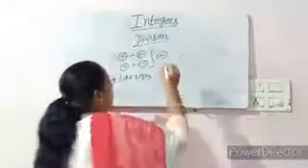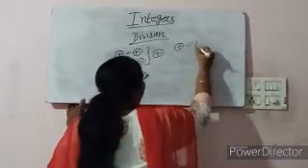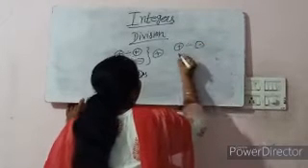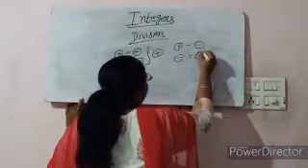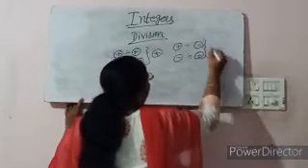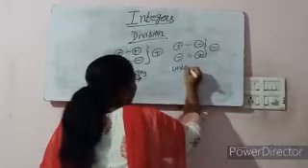When you do it with unlike signs, a positive integer divided by a negative integer or a negative integer divided by a positive integer, the result will be negative. These are unlike signs.